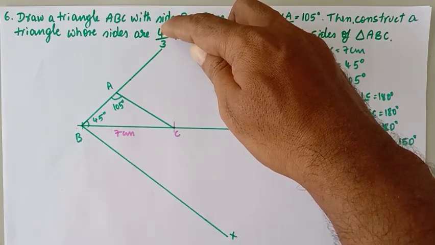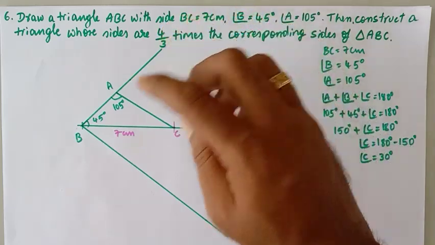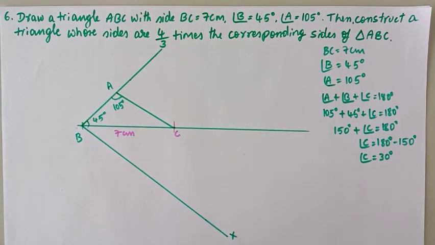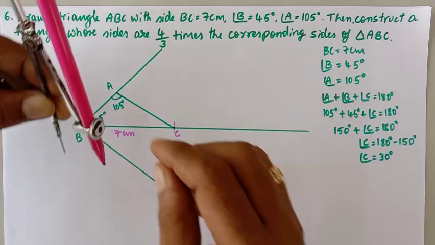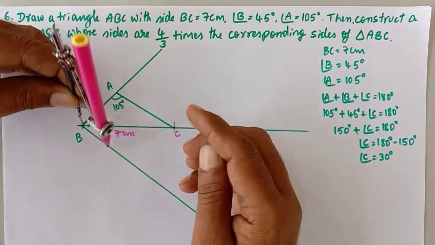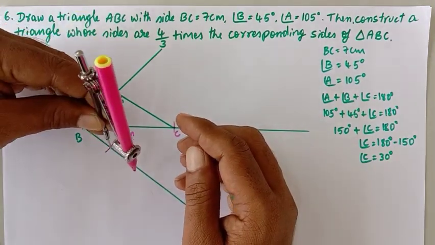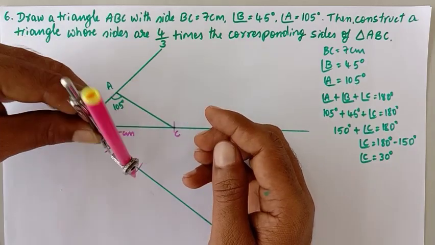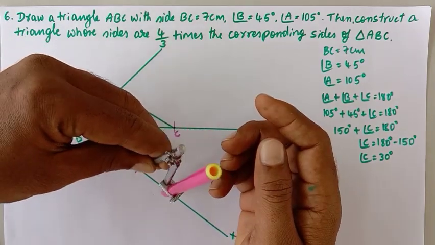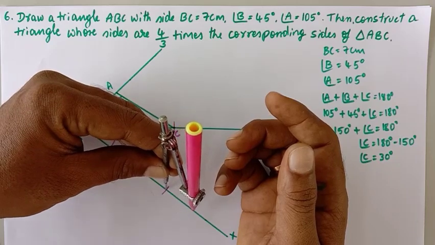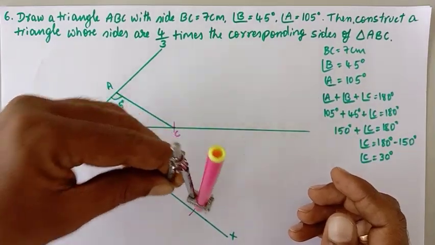The greater number has to be chosen to divide the line. So I will be dividing it into 4 equal parts from B. 1 part is over, 2 is over, 3 arcs are being cut, and now I am cutting the final part.